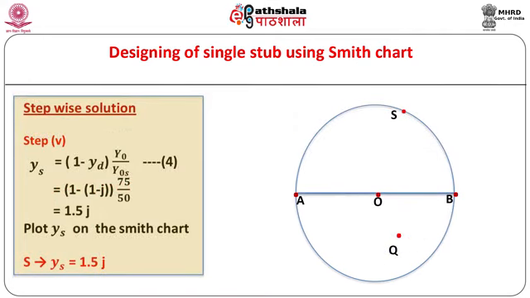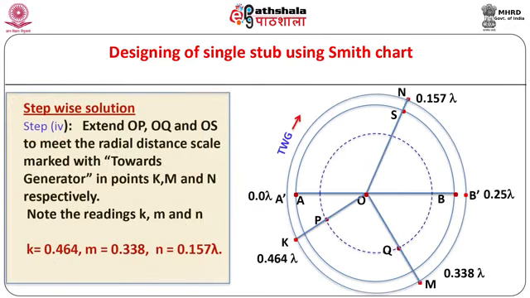Step number 3. Calculate the value of normalized admittance Ys using equation 4 and plot Ys on the Smith chart. Let S represent Ys. Note that the point S will always lie on the R equal to 0, that is G equal to 0 circle, and Ys comes out to be 1.5j. Step number 4.